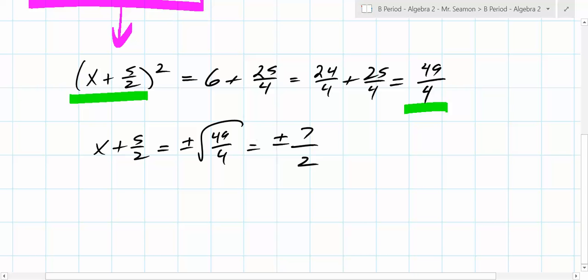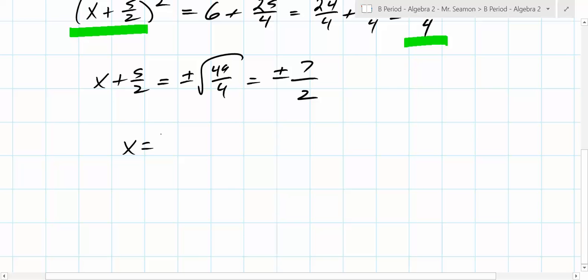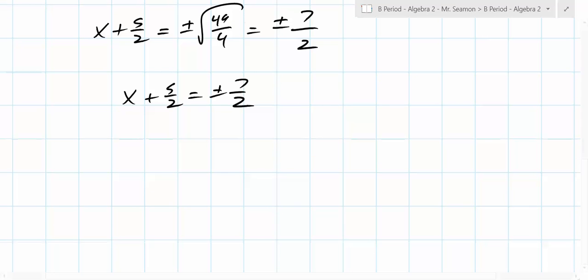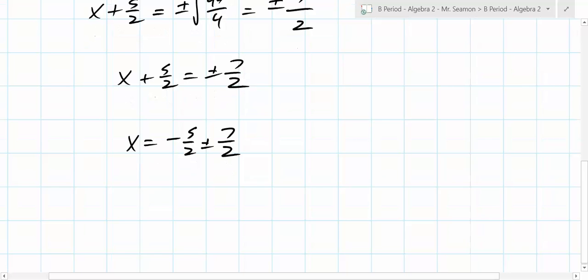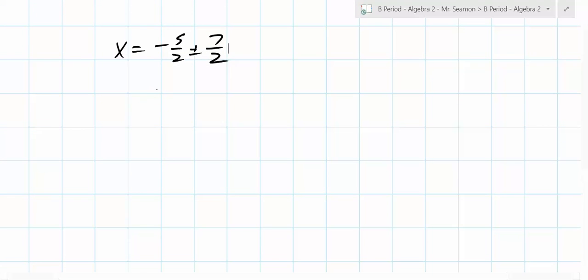So you now have x equals, I'll do it out each step. You have x plus 5 halves is equal to plus or minus 7 over 2. Are you done? No. So you have x is equal to negative 5 over 2 plus or minus 7 over 2. How many answers is that? 2.